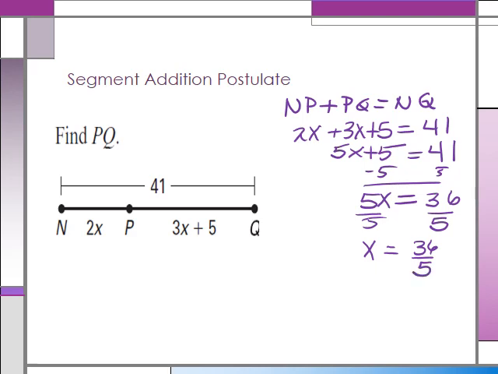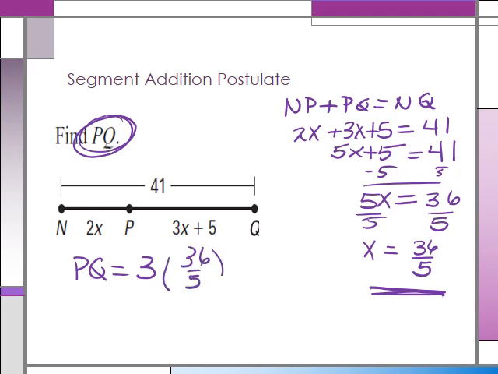Now you're not done, and this is one of the key things in geometry: make sure you read the problem. Here's x. In algebra, we usually stopped at x. With geometry, we're asked to find PQ. So we're just going to substitute in 36 fifths. PQ, that distance, is 3 times 36 fifths plus 5.